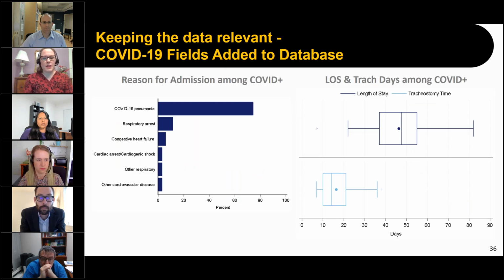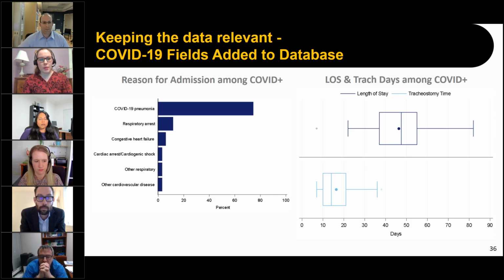In addition to the major changes to version 3 that Brad discussed earlier, the database committee also added a number of COVID-specific fields in May of last year. These additions allowed for data collection for both COVID patients requiring tracheostomies and any patients that were living with trachs who may have been at higher risk for admission due to COVID.